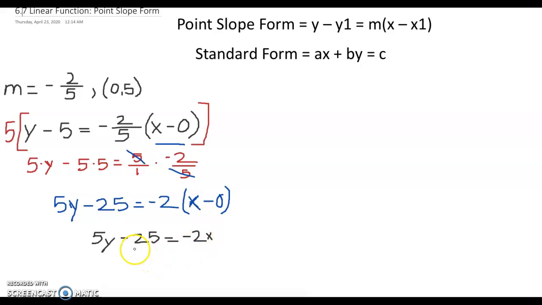Now we got to put it in standard form. We're almost done. We're going to take this 25 and put it over here, and take this x and put it over here. So this will be positive 2x.